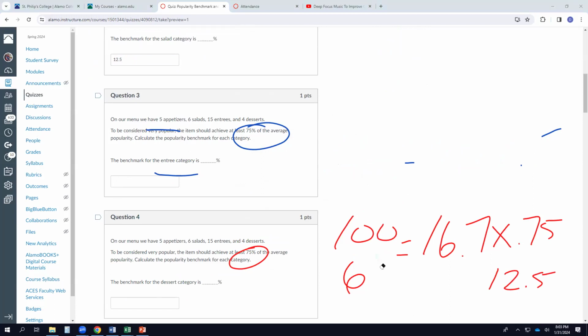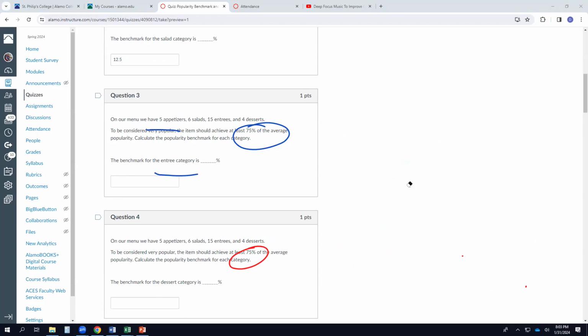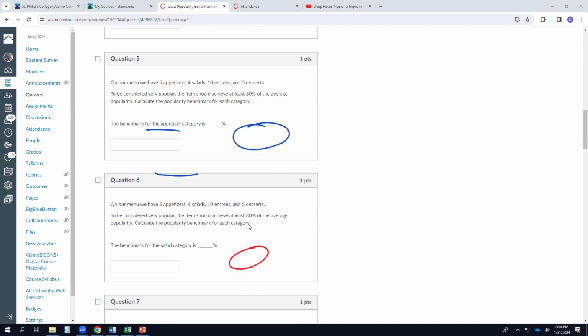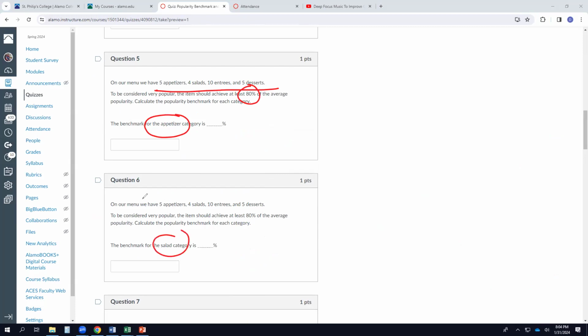Then when we go to questions 5, 6, 7, and 8, some of the categories may still have the same numbers, but again, we're going to start back at the appetizer, and this time it's 80%. Then we have salad, and it's still 80%. So 5, 6, 7, and 8 are going to be the same with 80%.